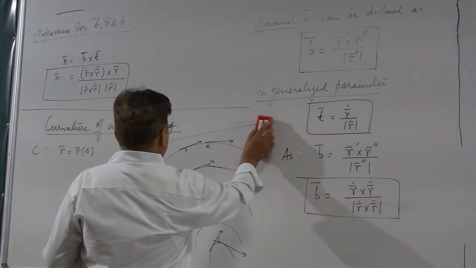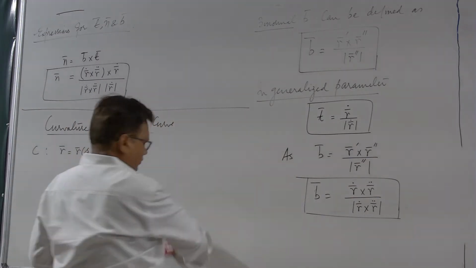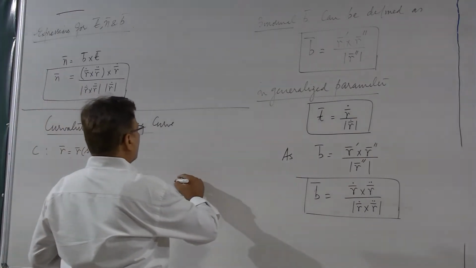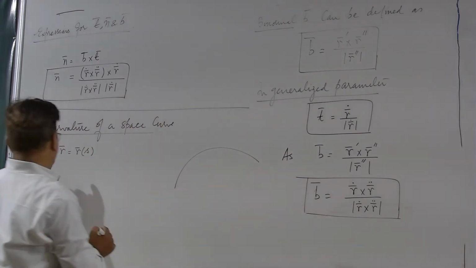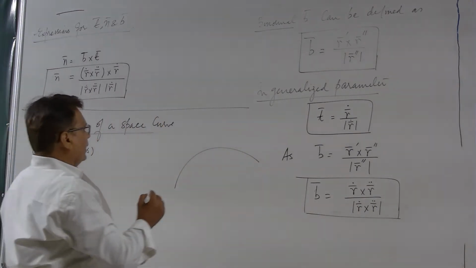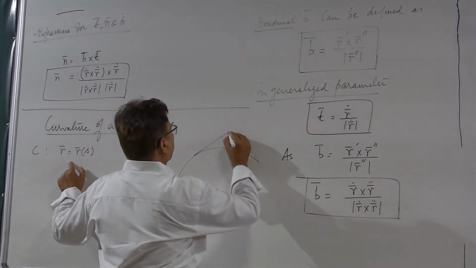So, let me draw only one curve over here. Suppose this is the curve C, whose equation is r equal to r(s). Let me draw the two tangents at two neighboring points.